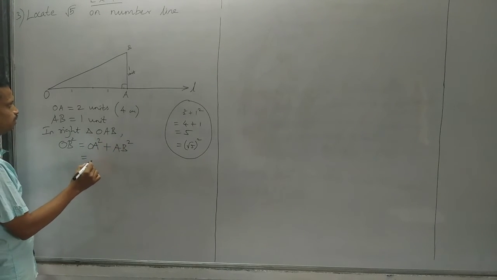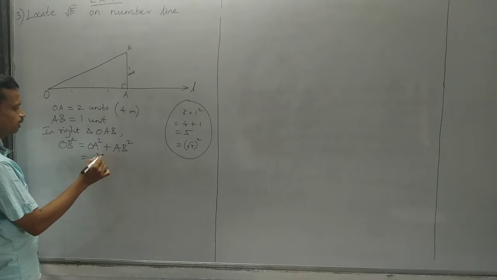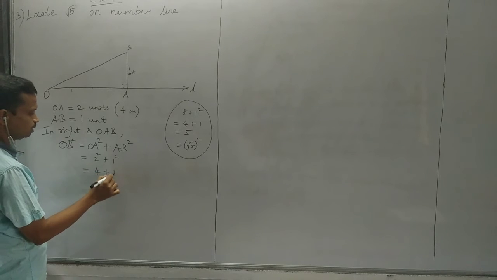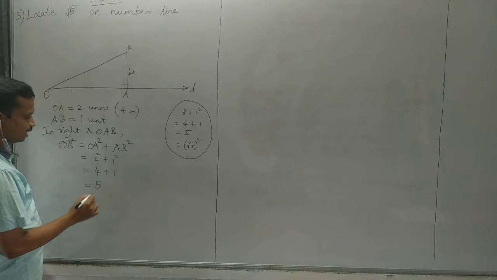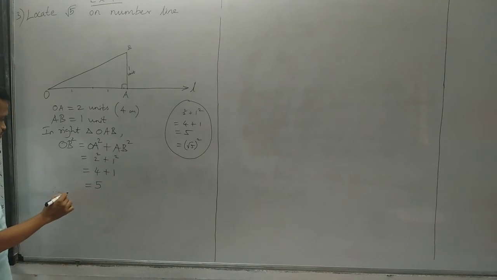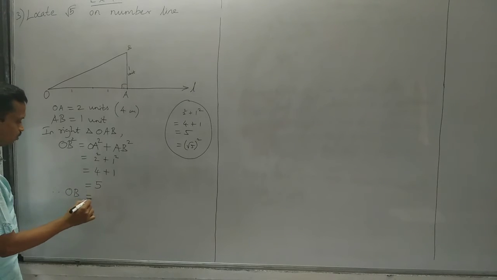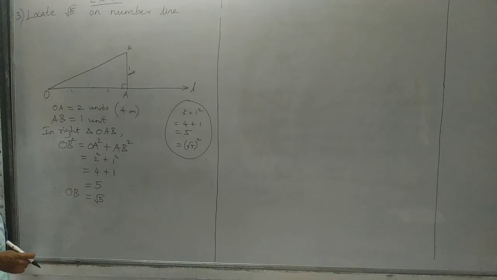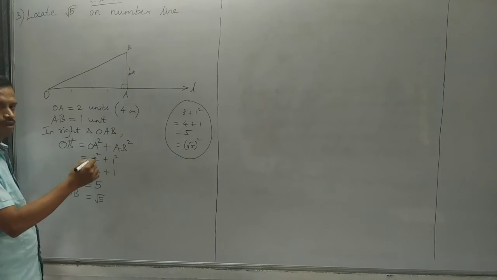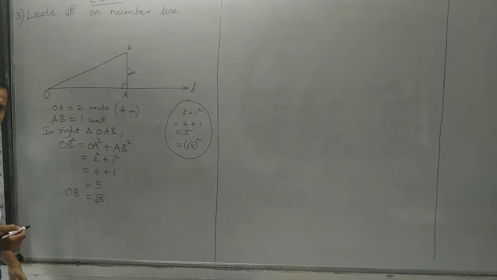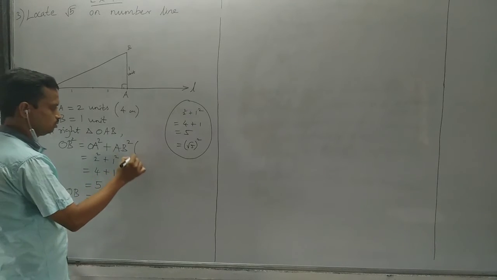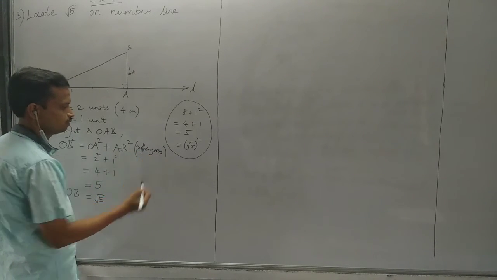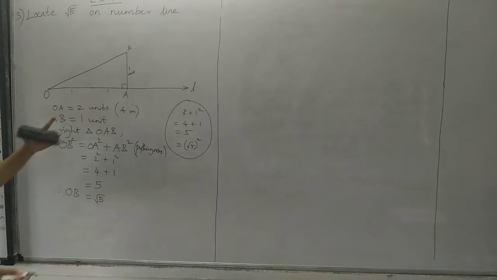So this is nothing but 2 square plus 1 square. This becomes 4, this becomes 1, and when you add, you get 5. So OB square is 5, therefore OB is root 5. This is how you write this equation by Pythagoras. Every sum we are writing this. And now you got OB as root 5.